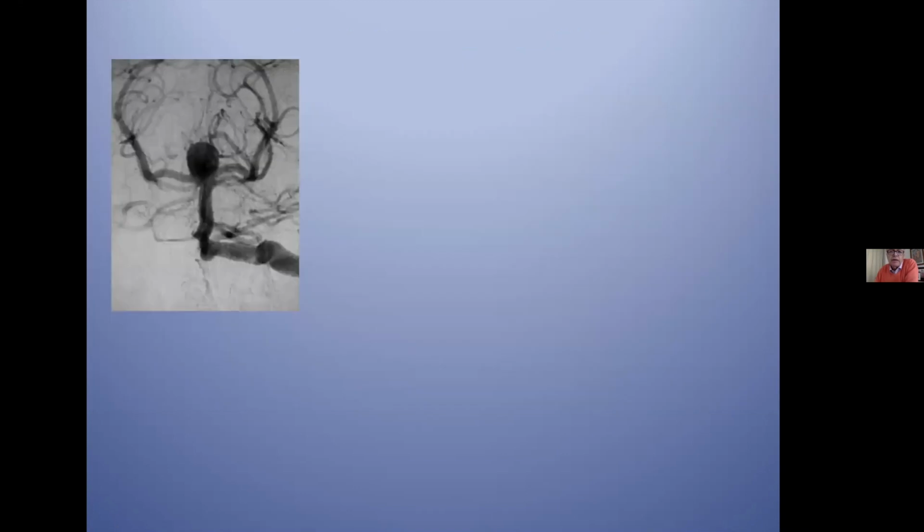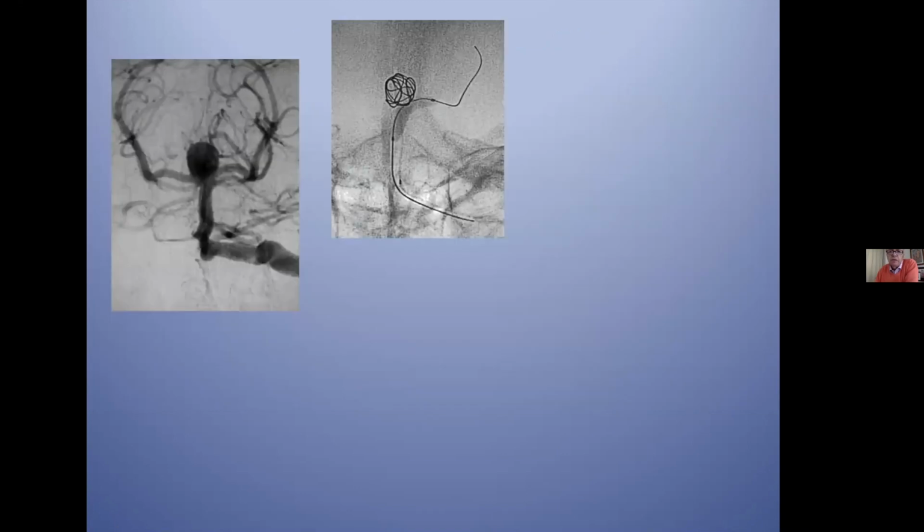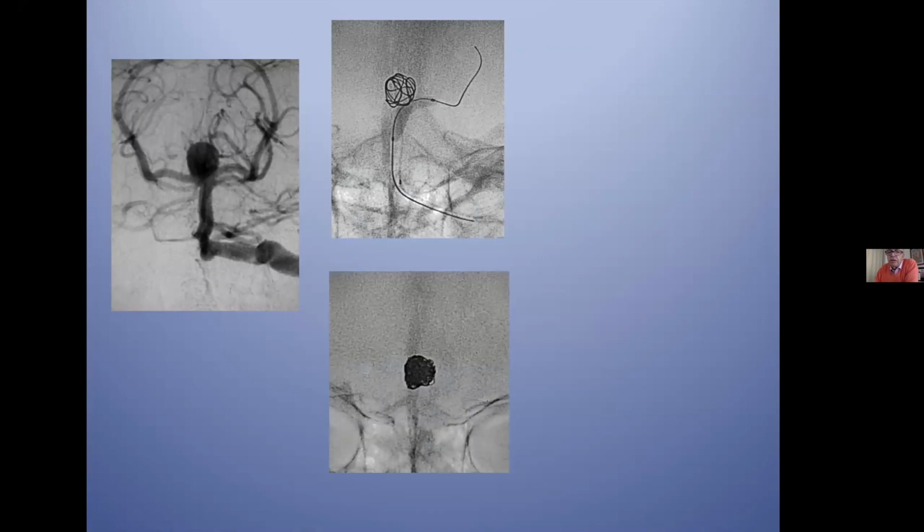This is a standard medium aneurysm, treated with the balloon remodeling technique. This is good, but sometimes the patient recanalizes.